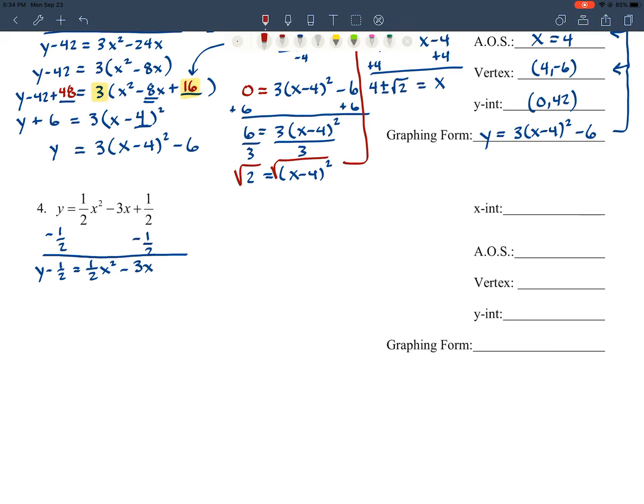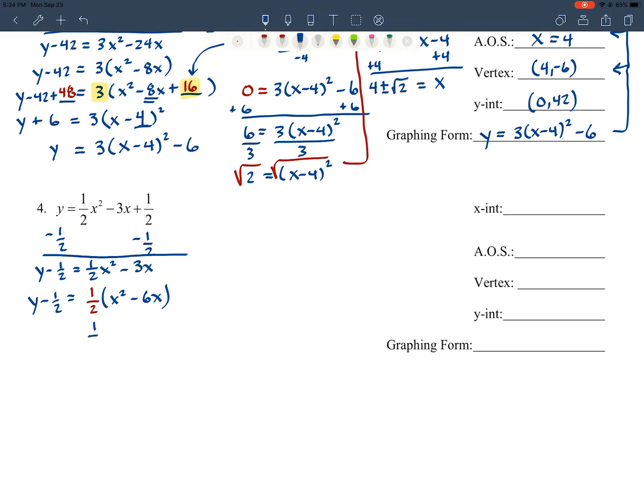In this next step, when we factor here, we're going to factor out a 1/2, and we are going to be left with x squared minus, so when you divide 3 by 1/2, you should get 6x, and that should equal y minus 1/2.